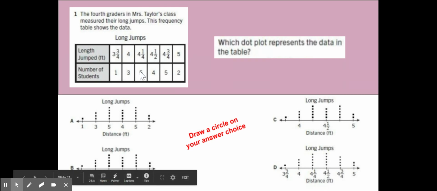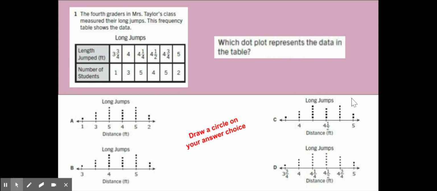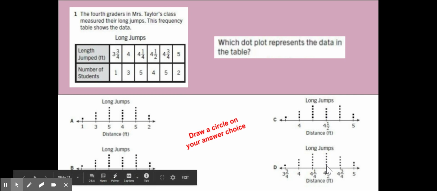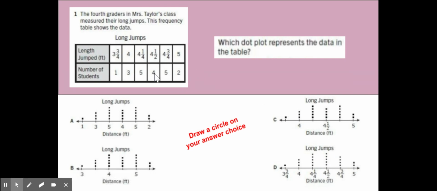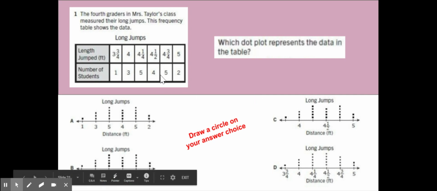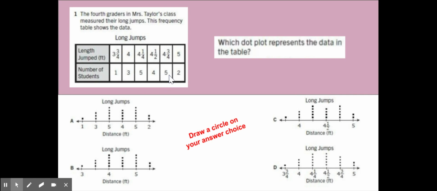Now let's look at 4 1/2. We had 4 students, so I should have 4 dots. So right here at 4 1/2, I have 1, 2, 3, 4. And over here, I've got 1, 2, 3, 4, 5. Oh, this right here is incorrect, as we should only have 4 dots. Now the next one is 5 students at 4 3/4.